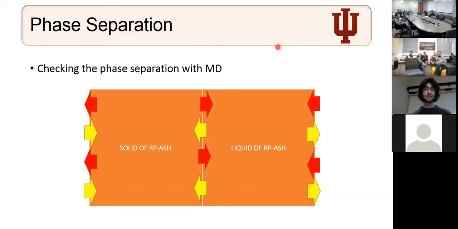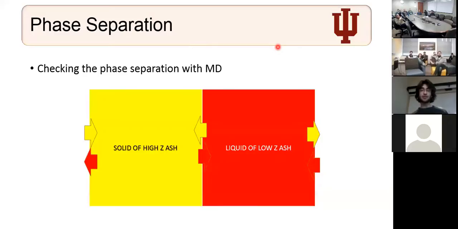And you're going to let the ions diffuse freely between the liquid and the solid, and then eventually you're going to see that some sort of unique composition emerges in each the solid and the liquid. So in this image right here, I'm showing you that canonical example where the solid has high Z material and the liquid has low Z material.